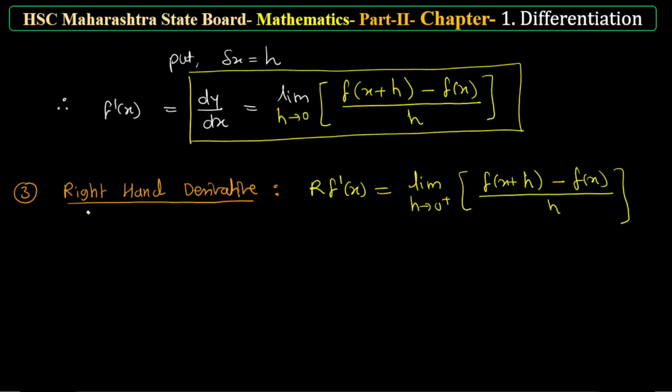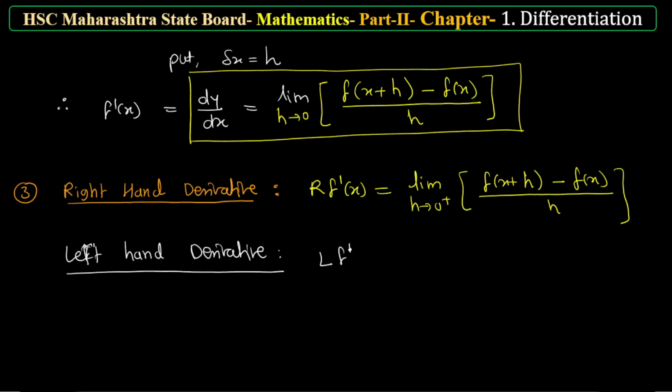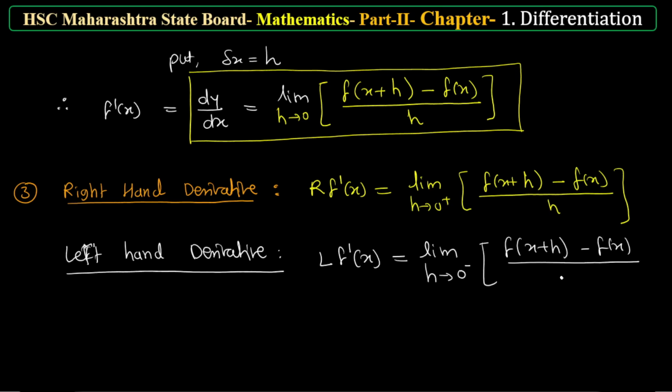Then left hand derivative, L of f dash of x, is limit h tends to 0 minus of f of x plus h minus f of x divided by h. This is the right hand derivative and this is the left hand derivative formula.